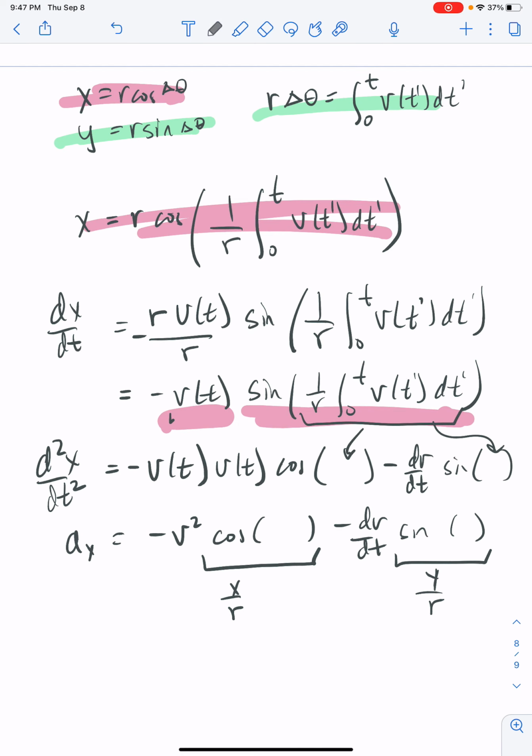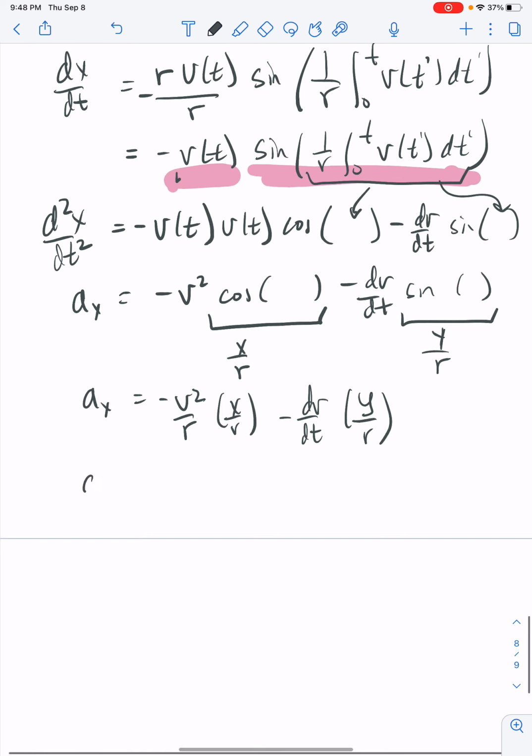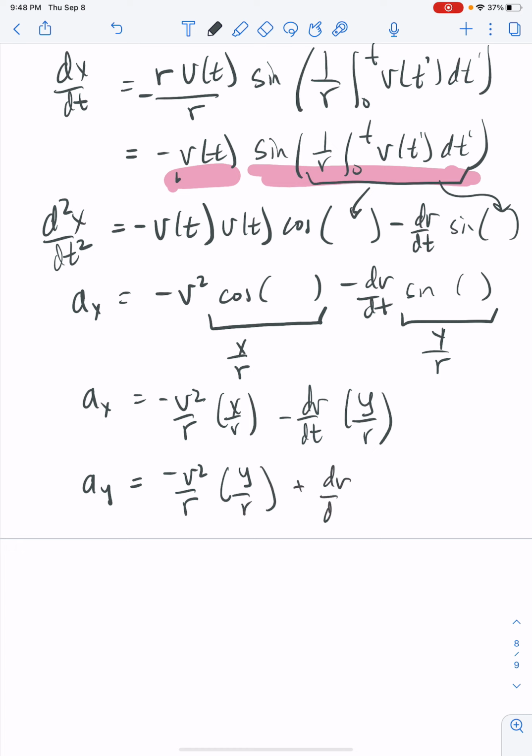Okay, so we can write that this ax is negative v squared over r times x over r minus dv dt y over r. And now by a very similar derivation that I'm not going to show all the steps of, we would find that the acceleration for y is negative v squared over r times y over r plus dv dt x over r. Okay.